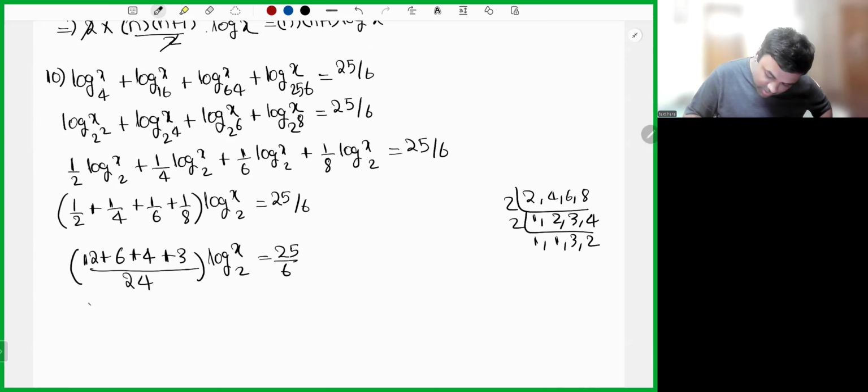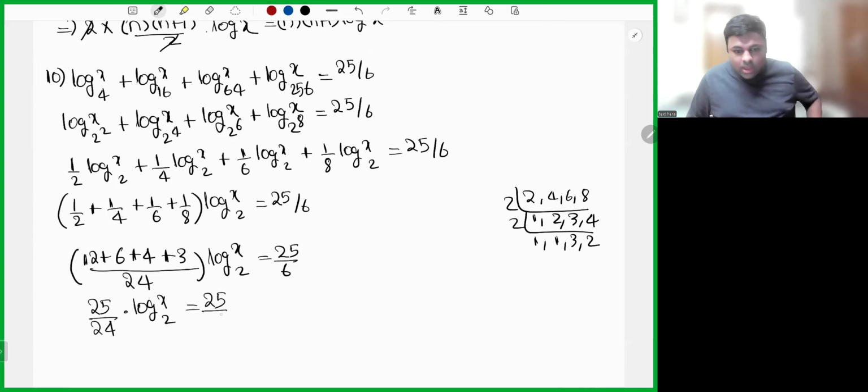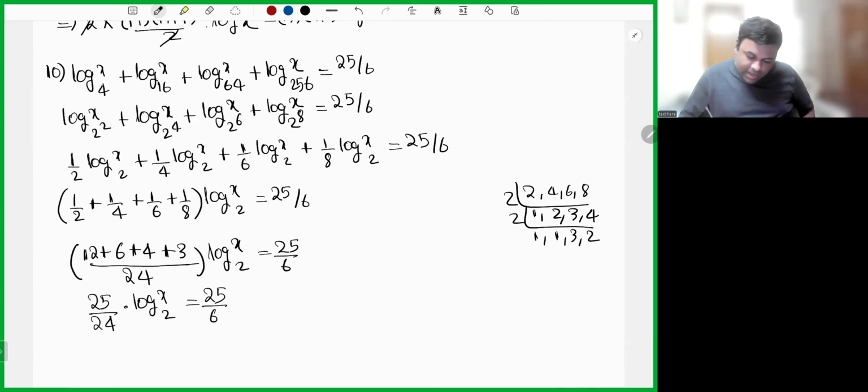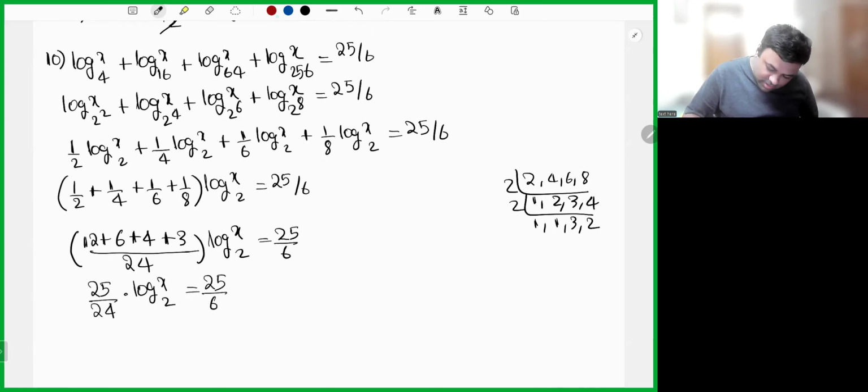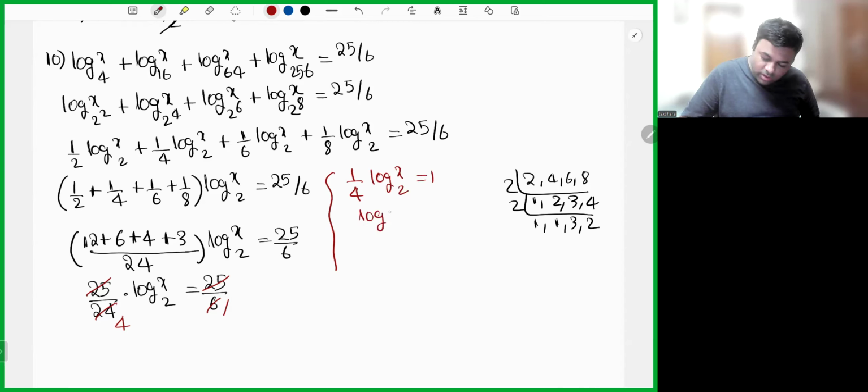So 25 by 24 into log x base 2 equals 25 by 6. Here, my dear friends, can I cancel 25, 25? Yes, sir. Next, can I cancel 6 and 24 by 4s? Yes, sir. So what is left? 1 by 4 log x base 2 equals 1.